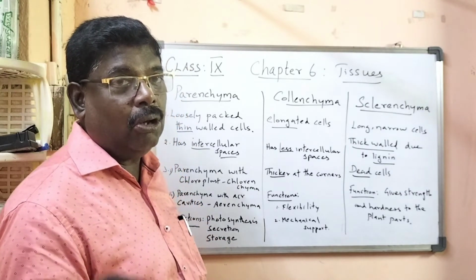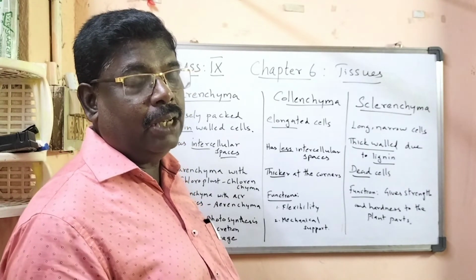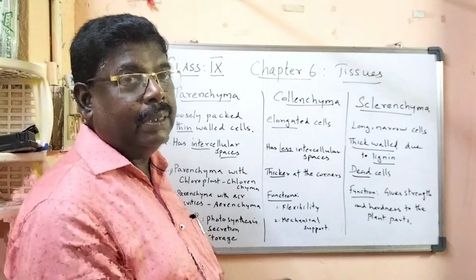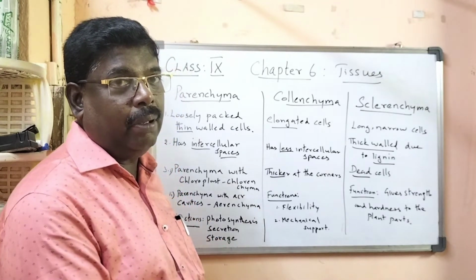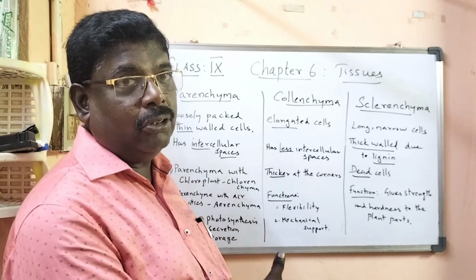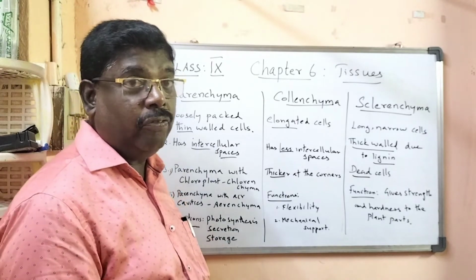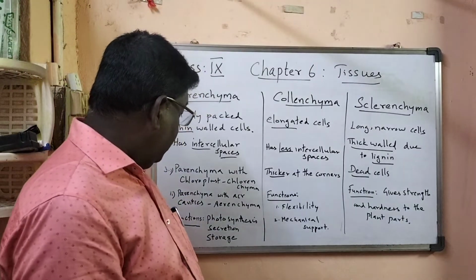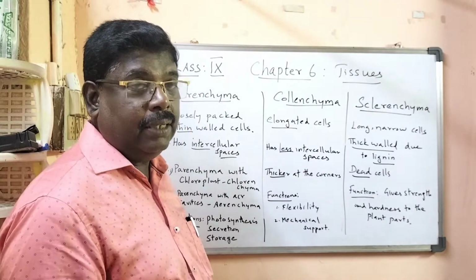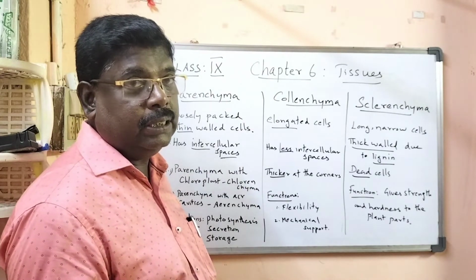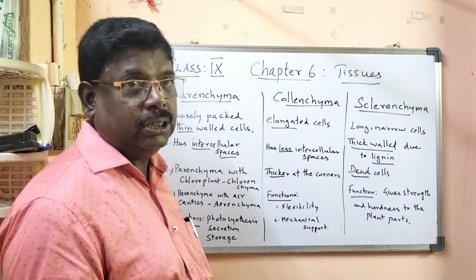Parenchyma cells with a lot of air cavities are called aerenchyma. Parenchyma cells with chloroplast are called chlorenchyma. So the first one helps in photosynthesis, the next one in exchange of gases. However, the parenchyma has three functions: photosynthesis, secretions, storage.